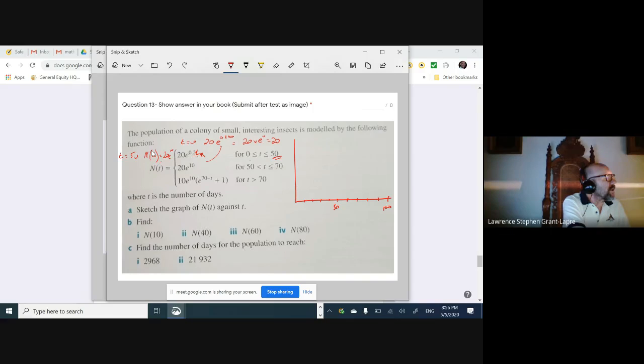All right, so I go main menu, 20 times e to the power of 10. Wow.